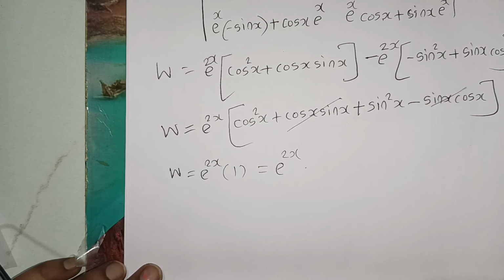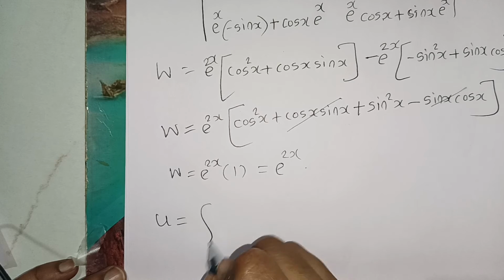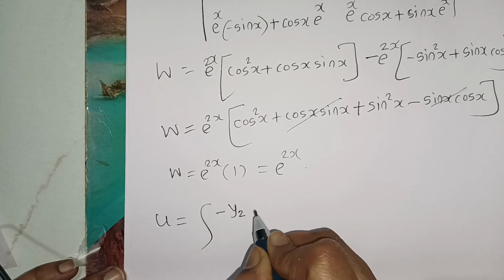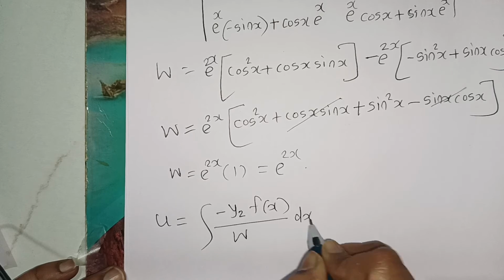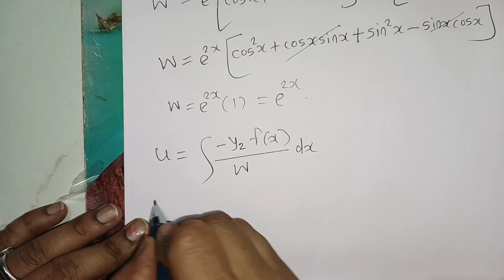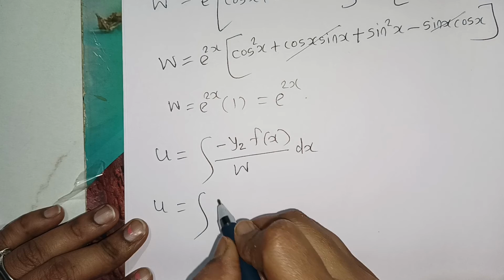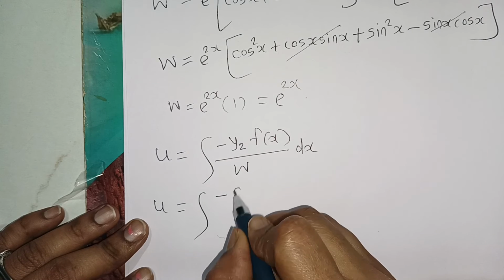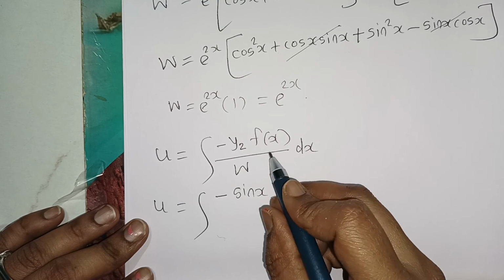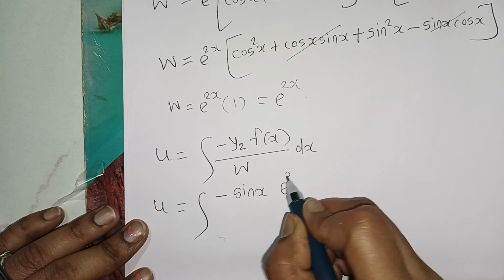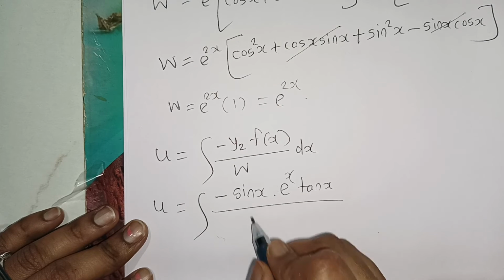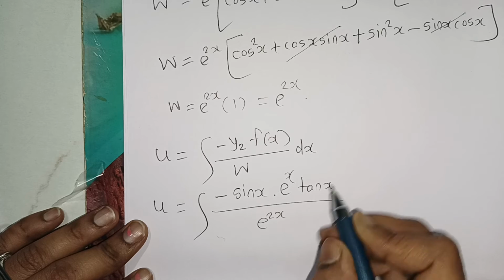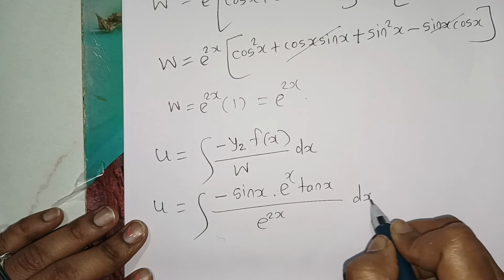This is your Wronskian. So u is equal to integration of minus y2 f of x divided by Wronskian dx. This is the formula. So u is equal to integration minus y2 is what? It is sin x. So sin x into f of x, which is e raised to x tan x, divided by Wronskian, which is e raised to 2x, dx.